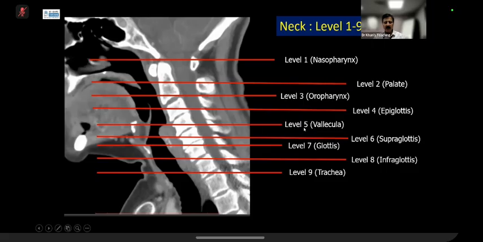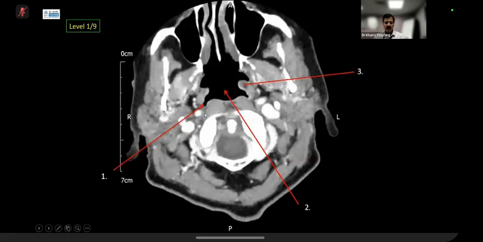And then the valleculae, level 5, where the valleculae will be visible. Then the supraglottis level, which is the false cord level. Then the glottis, which is the true cord level. And then the infraglottis level, where the cricoid cartilage will be. And finally, the trachea. So these are 9 scans, and it is open for chat.